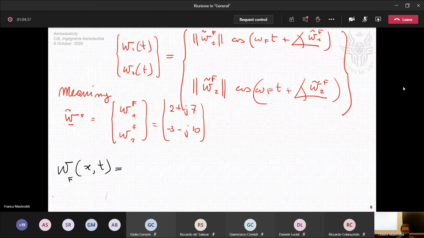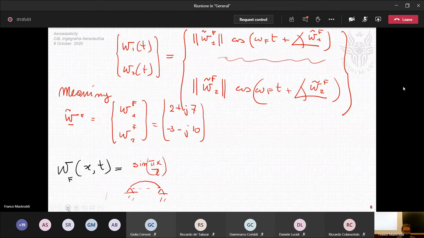your time function, write in red, please, space function, excuse me, sine pi x by L, which is this function, by W1. But W1 is this. This is W1.